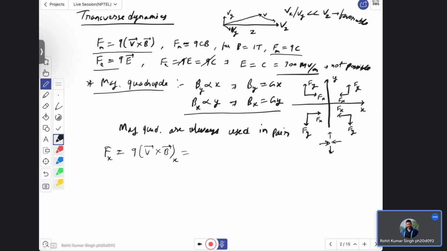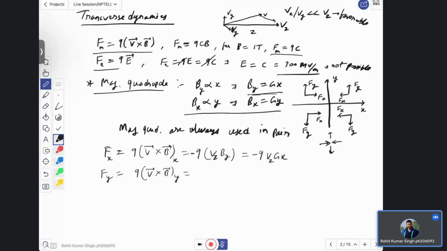Because V has only a Z component, the x component of V cross B will be Q Vz By, and we know that By is given as G x. Similarly, the y component is Q Vz with Bx, and Bx is G y.